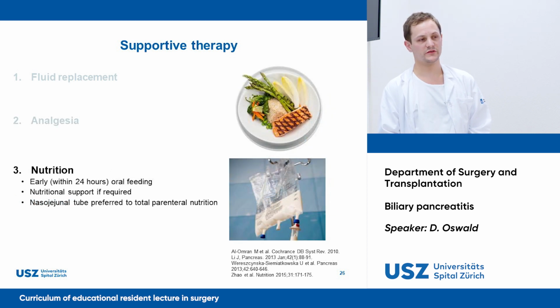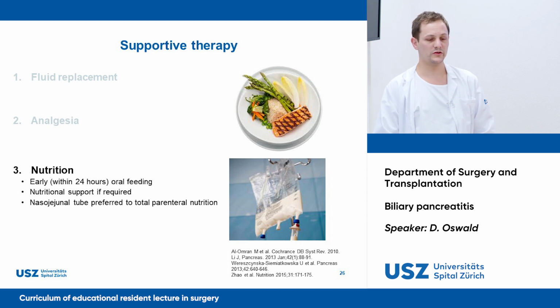The third point is nutrition. Patients with mild pancreatitis can often be managed with hydration only, and early oral feeding within the first 24 hours as tolerated with a low-fat diet is recommended. Sometimes you need nutritional support.